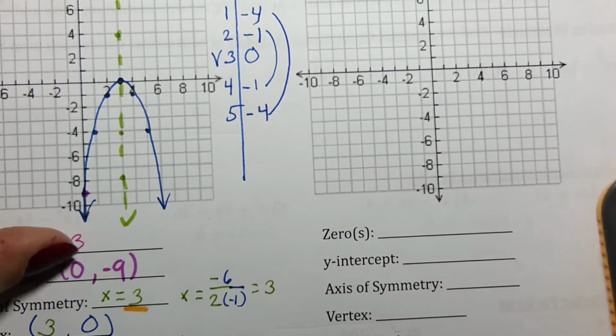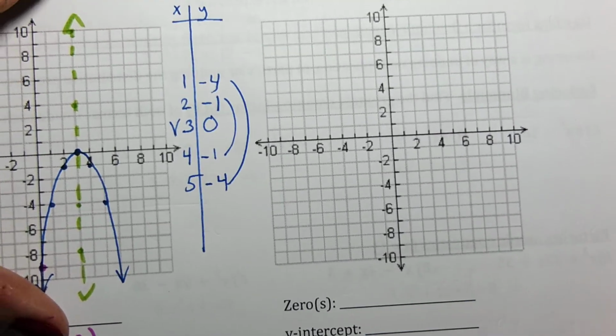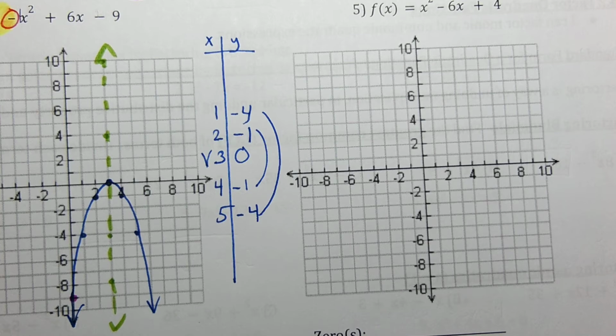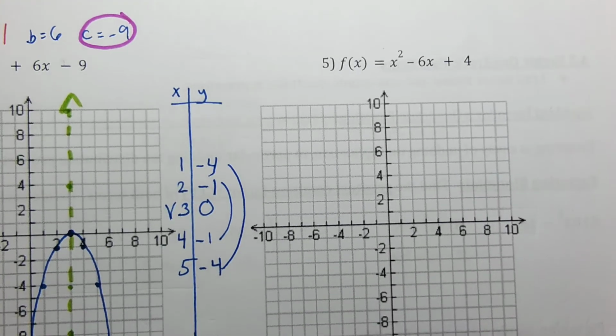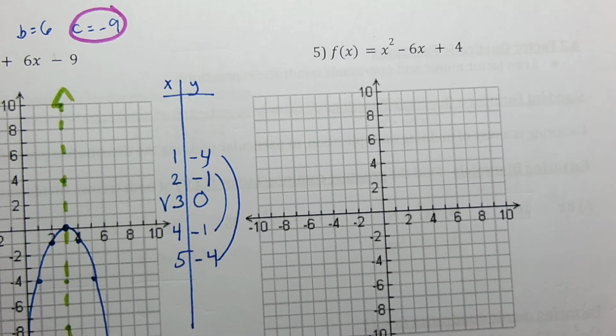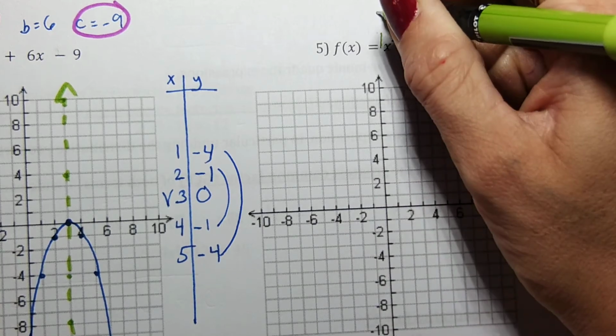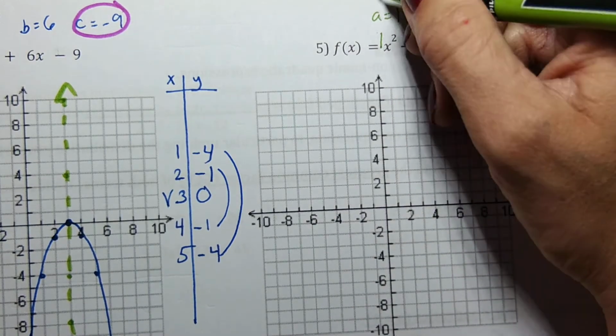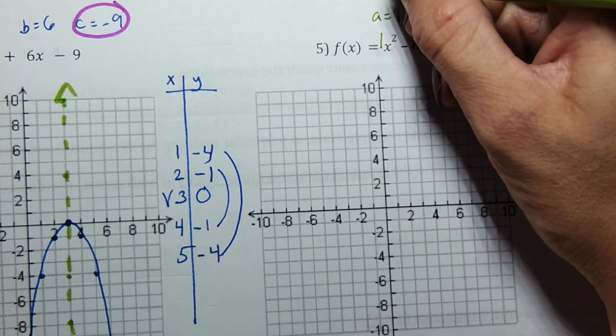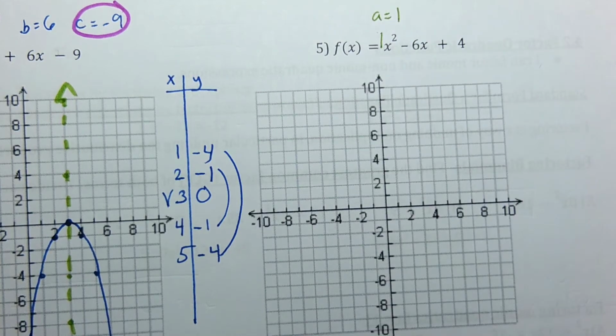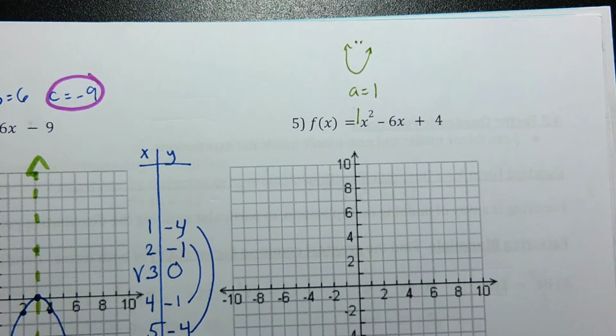So folks, let's go ahead and take a look at this next problem and see what we know. We've got an A value of 1. Positive leading coefficient means our graph is going up and up for the end behavior. Is happy. So folks, just to show you, you don't have to do these steps in a specific order.